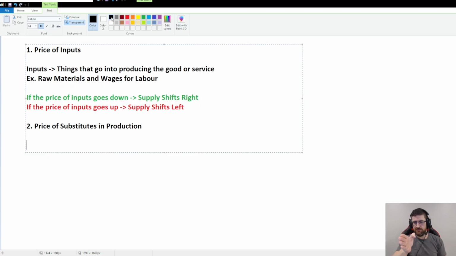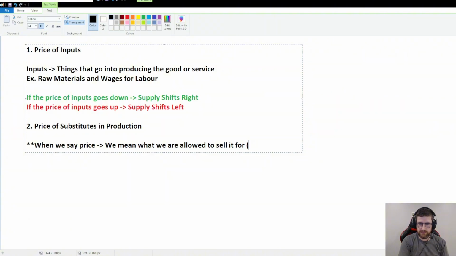I might make cars, but I also make buses and motorcycles and minivans, all right? And as the price of those changes, I'm going to supply more or less of each of them, okay?